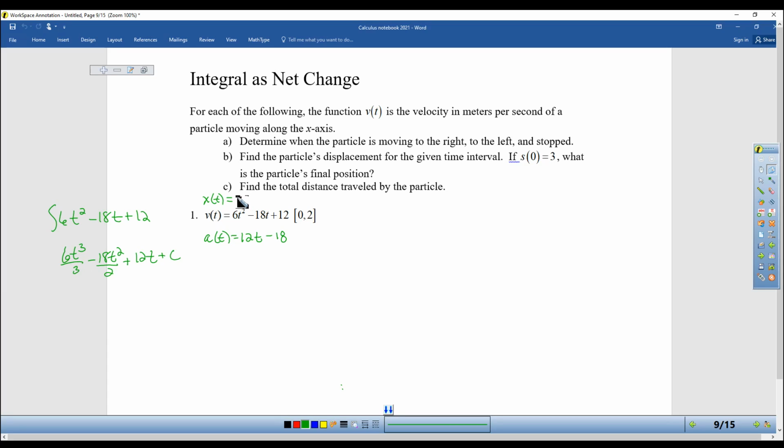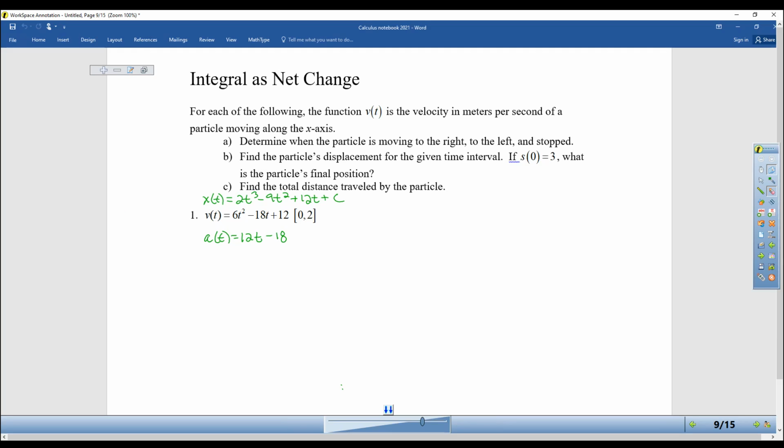So I'm going to go ahead and fill that in here as 2t cubed minus 9t squared plus 12t plus c. And if we knew at any point what the value of x was at any given time t, then we could find c. And it actually does tell us that later. But my point is, I've got my three equations, and the goal is always going to be to know which equation to use for which question.